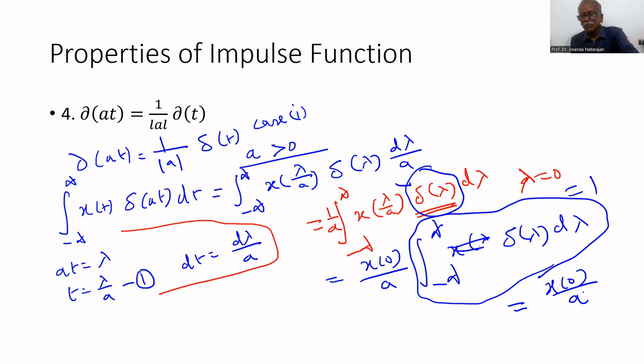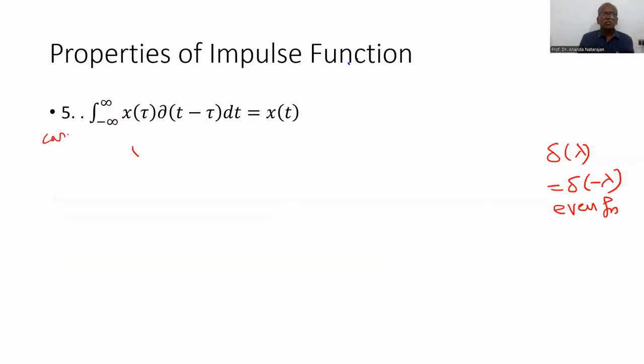Now, let us consider case 2. Case 2 is when a is less than 0. So consider the same function, the integral from minus infinity to plus infinity of x(t) δ(at) dt. Since a is less than 0, one minus sign will be here. Again, consider at equals lambda.